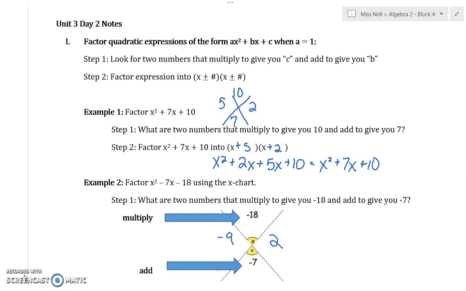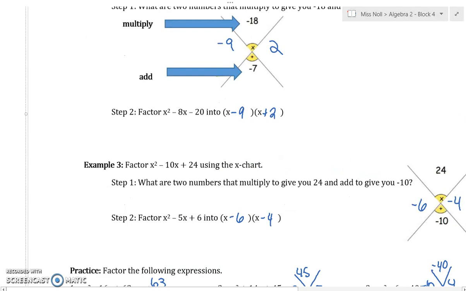And then right here is just me foiling it back out to show that x plus 5 times x plus 2 actually equals x squared plus 7x plus 10. So that's the point of factoring. We're just breaking it into its factors. It's an equivalent statement, an equivalent expression. The remainder of last class was going over that and doing some practice problems.